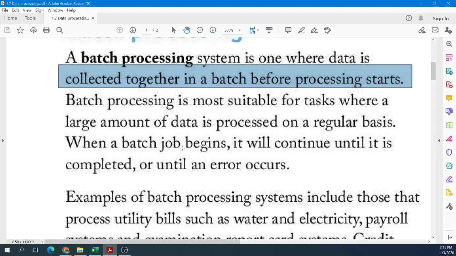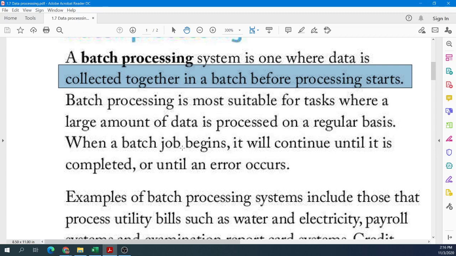As it receives the letter, it doesn't send it out right away. What it would do, it would wait maybe for a certain amount of letters, or it might wait for a certain period and then send out those letters. So that is an example of how batch processing is carried out.